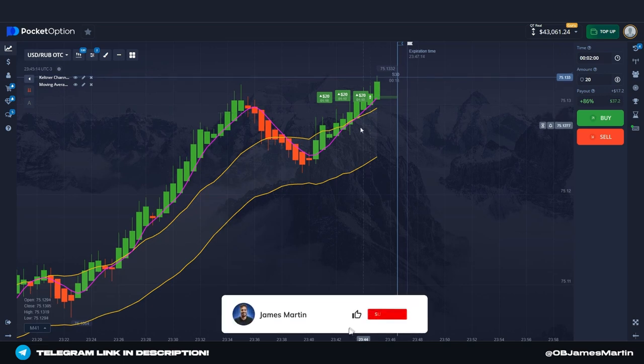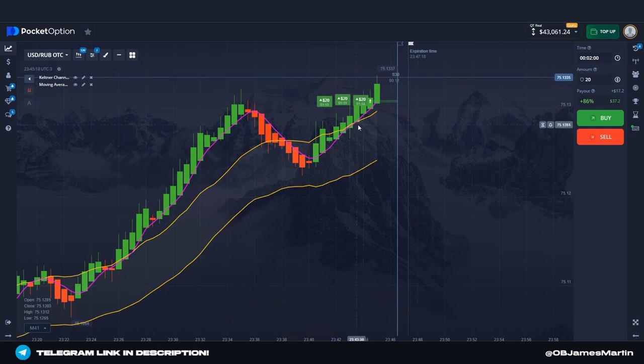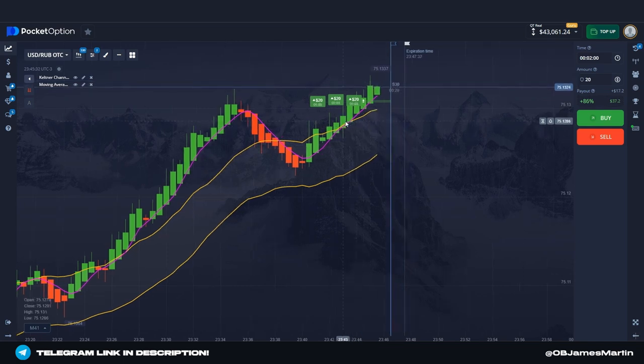So you just need to pay attention to when you get this crossing line as I showed you. This is very important. We got the entire candle outside of the channel. Whenever green or red candles completely cross the top or bottom of the current channel, that's what you should look out for. The second clue is the moving average line, as I said.